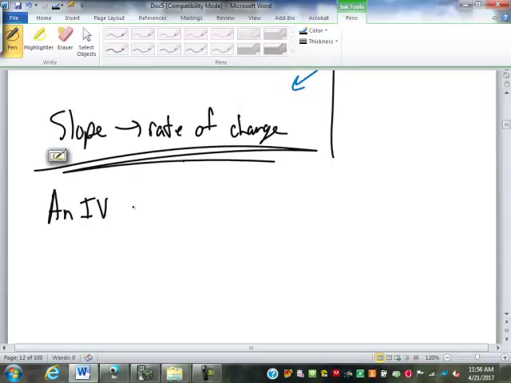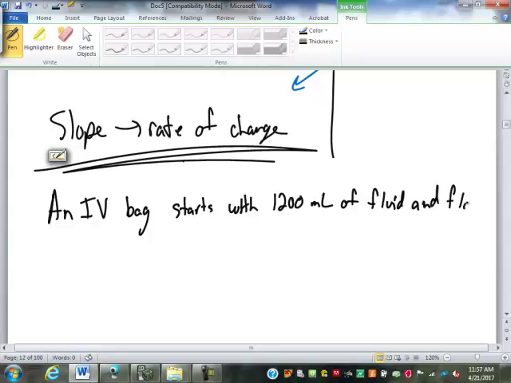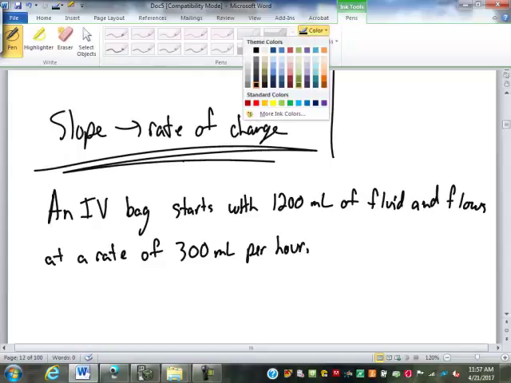So we might be looking at an IV bag that starts with 1,200 milliliters of fluid and flows at a rate of 300 milliliters per hour.